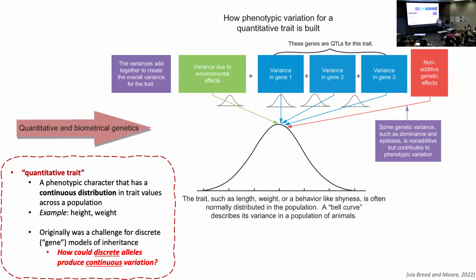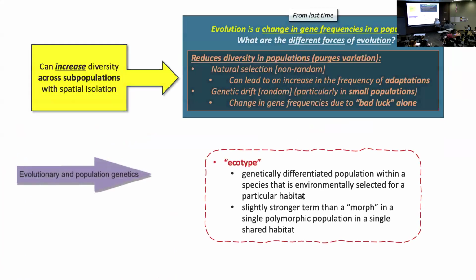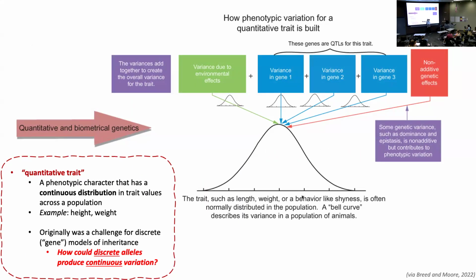It's about finding the potentially many different locations which together impact the trait in different ways: this 10% comes from here, 20% comes from here, 40% from here, and so on. So that's what we mean by quantitative. Any questions about quantitative traits and quantitative genetics?